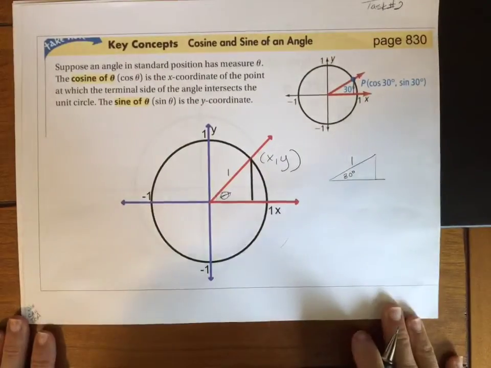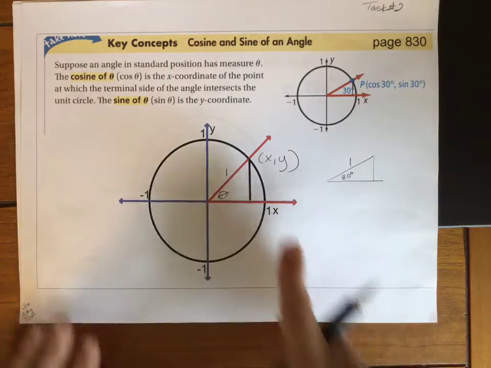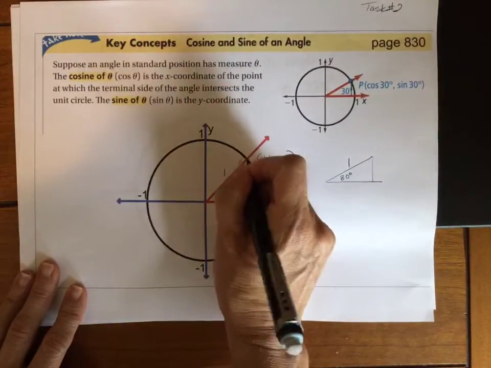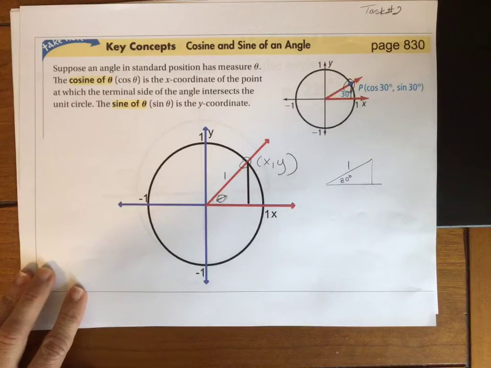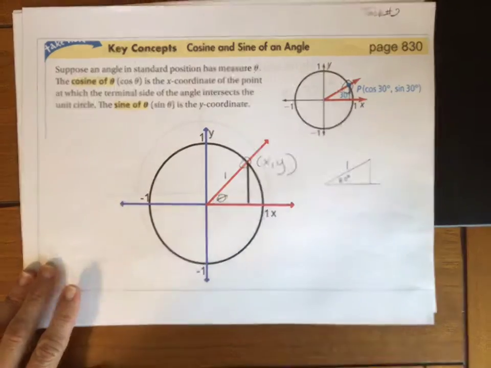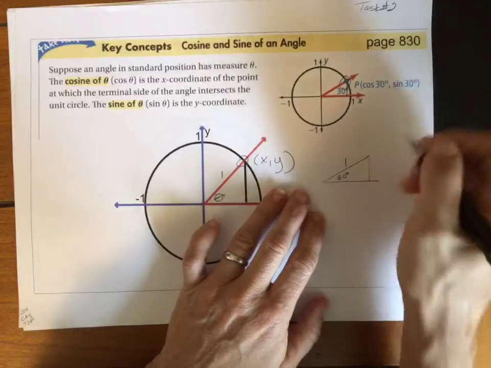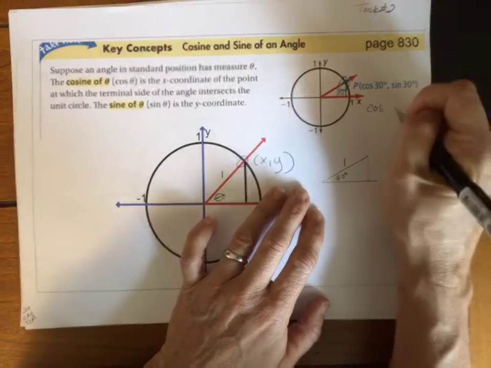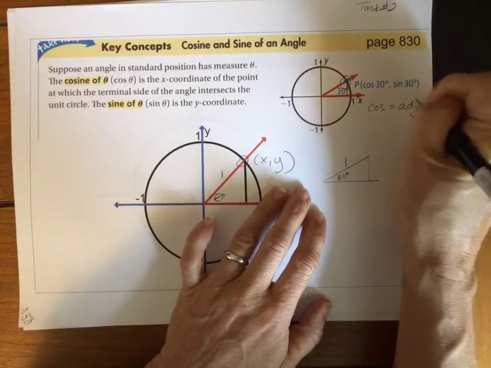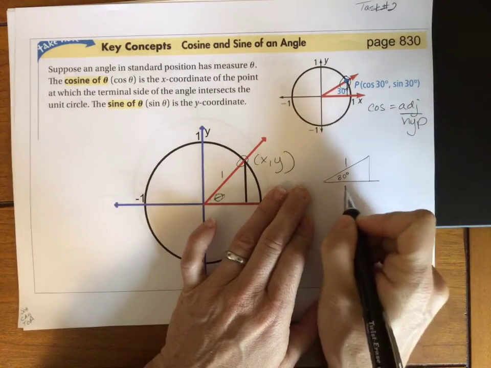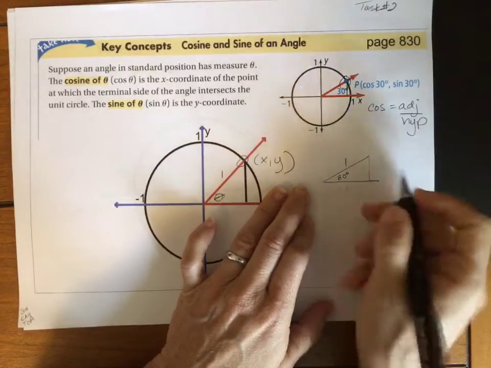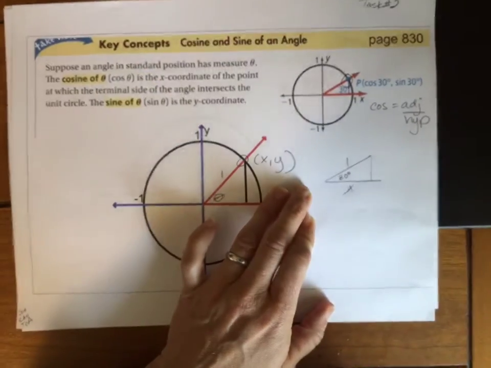And they're saying on this slide that I know that my x-coordinate at this point is going to be cosine of 30 degrees. And why is that? That is because we know that cosine is adjacent over hypotenuse. And so here's the adjacent side right here, and that's my x value.